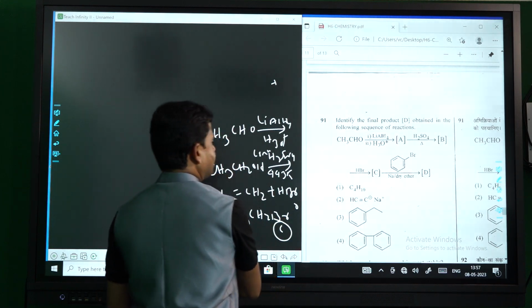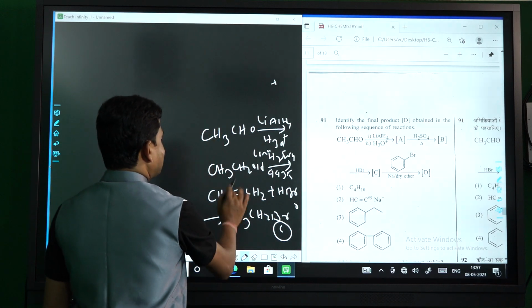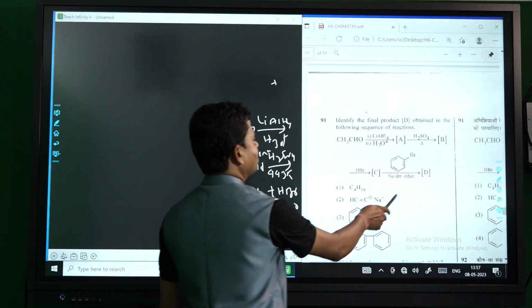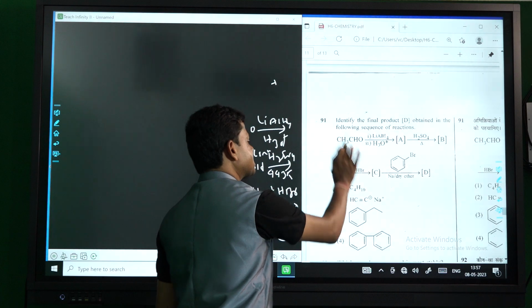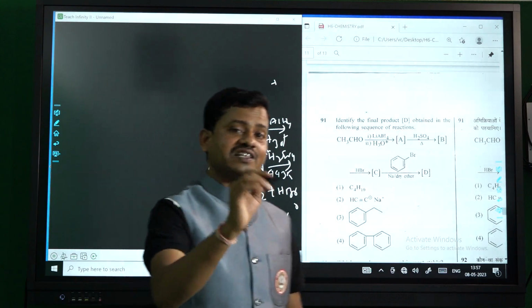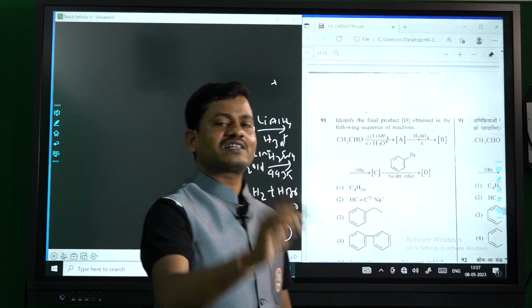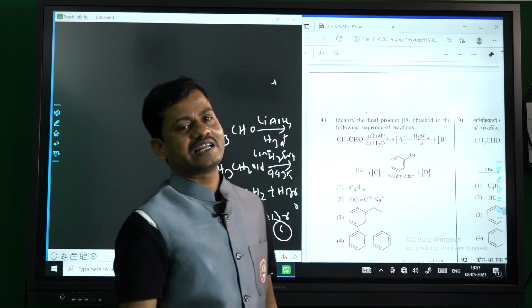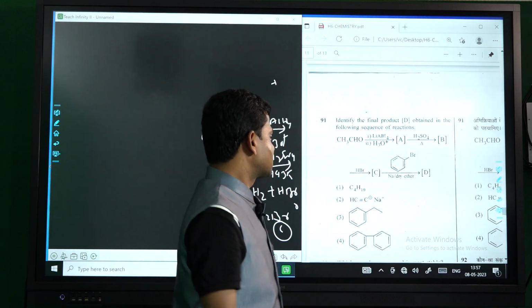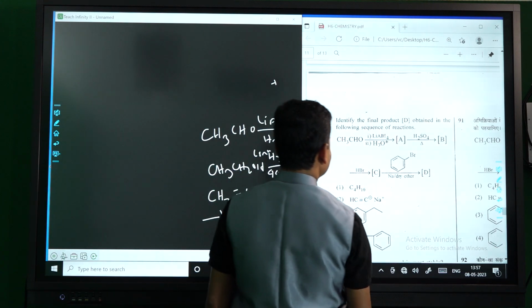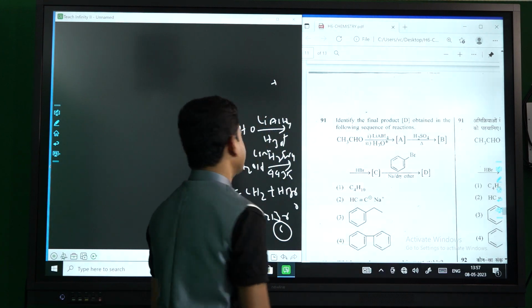So which is C? Now this alkyl halide reacts with the aryl halide in presence of dry ether. That reaction is called Wurtz-Fittig reaction. Dear students, the Wurtz-Fittig reaction can be explained by free radical mechanism. You will get alkyl benzene. So option 3 is correct, and that is known as the Wurtz-Fittig reaction.